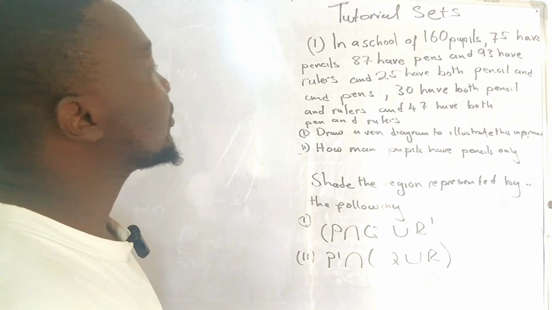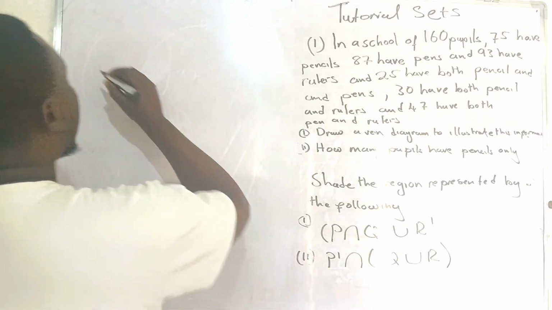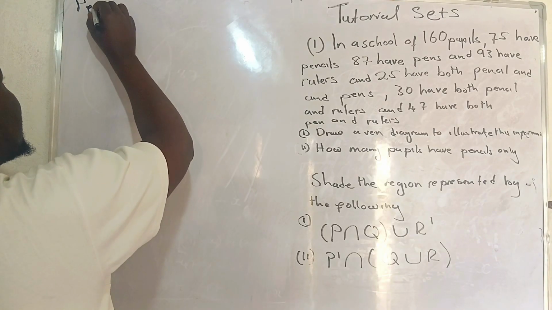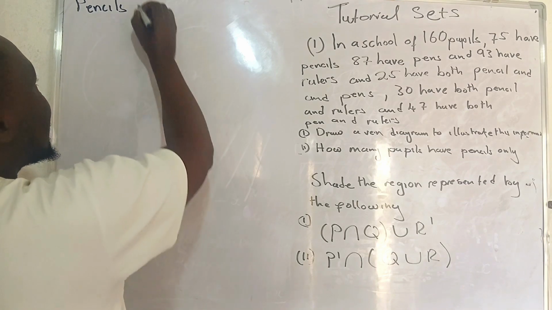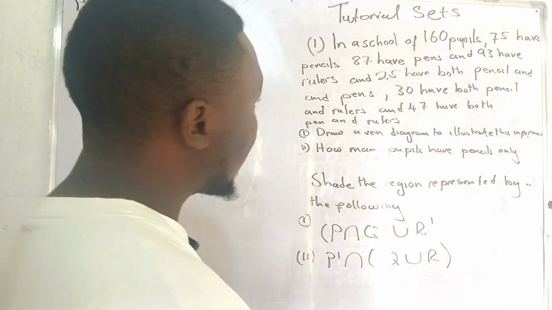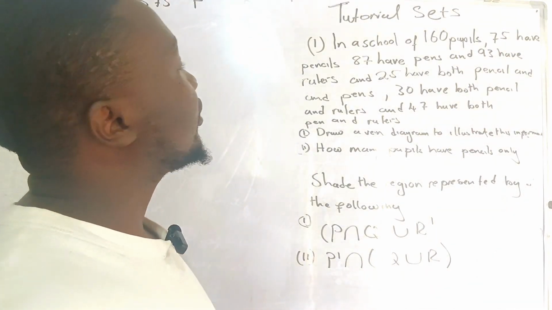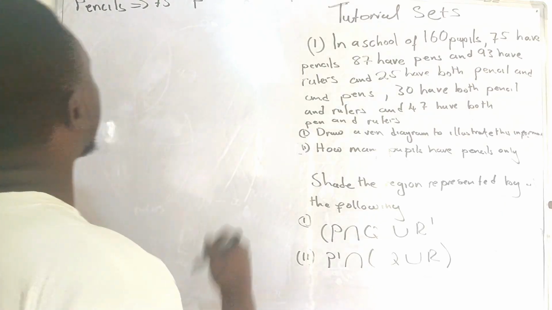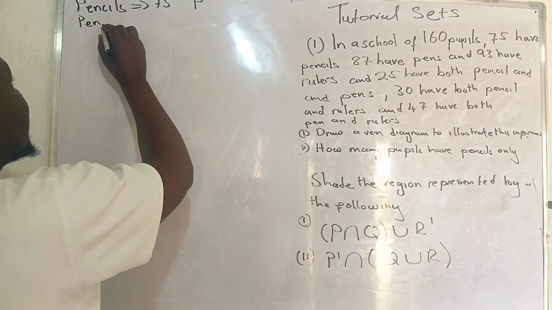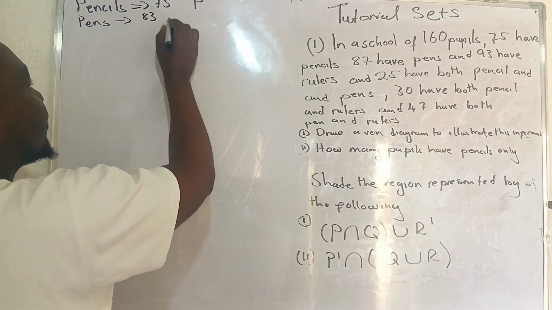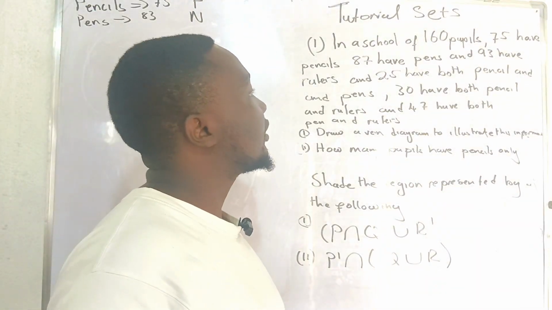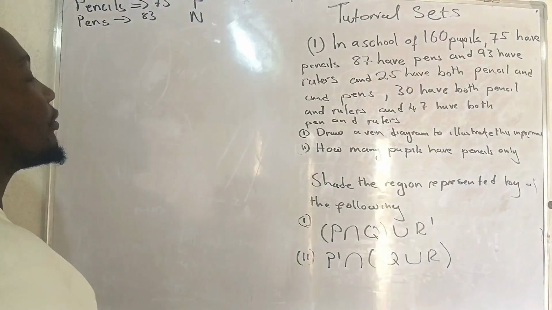75 have pencils, so that's a group that we have identified, pencil, group of 75, let's name it P. Moving on, 83 have pens, so we're going to have a group pens, which is 83, and we are going to name it N. And 93 have rulers.